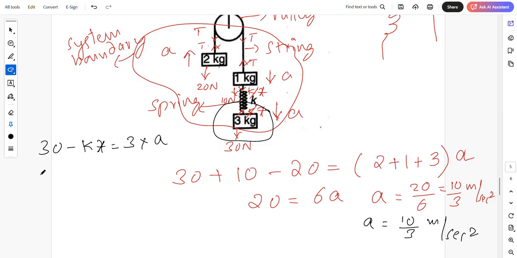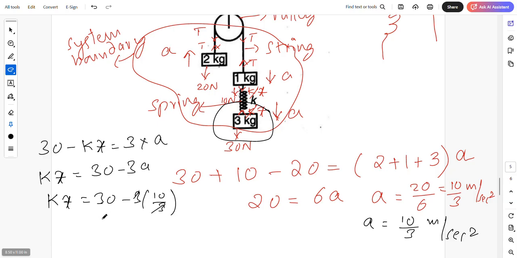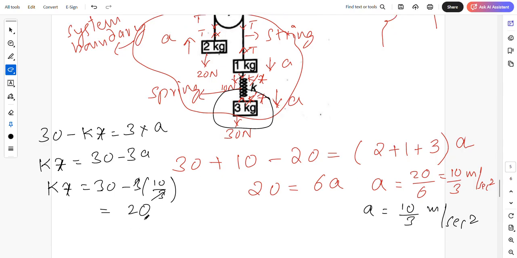Now kx is equal to 30 minus 3A, that is kx is equal to 30 minus 3 into A, which is 10 by 3, just now we got. The 3 gets cancelled, that is equal to 30 minus 10, which is 20. kx is equal to 20.